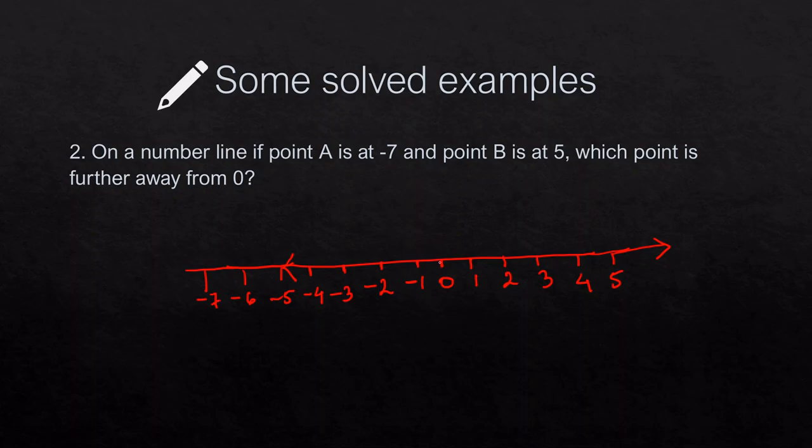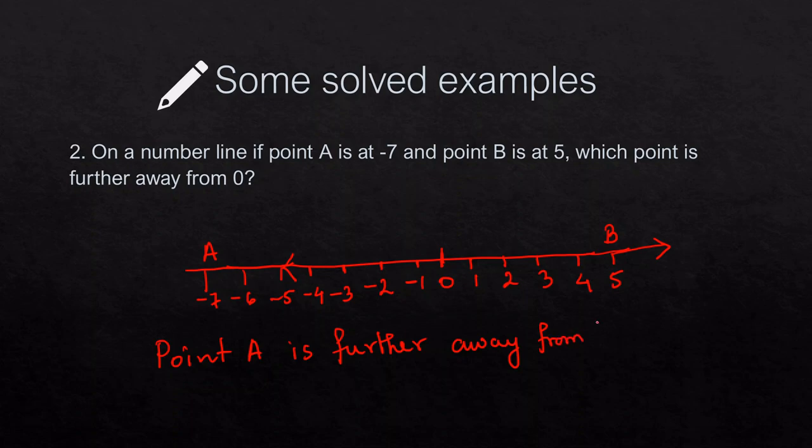So from here you can see that this lies further away from 0 than 5. So this is point A and this is point B. So the answer will be point A is further away from 0.